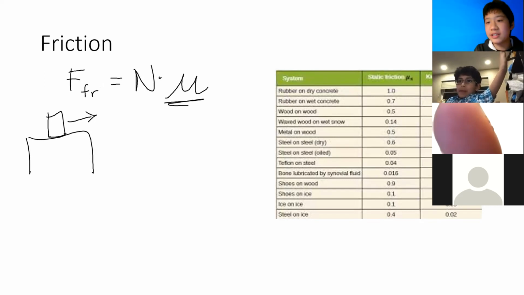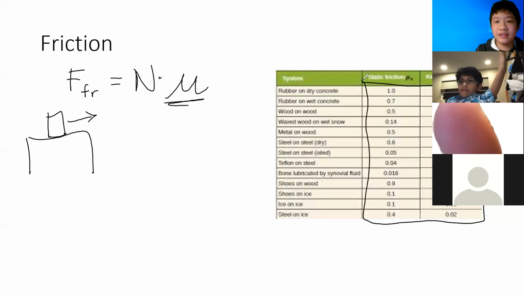This is the coefficient of friction, and we can find these coefficients of friction in this table here. Every single interaction between different surfaces has a different mu, a different coefficient of friction. As you can see, if we have rubber against concrete, this number is going to be larger, and it's going to contribute to more friction than if I had them on ice.